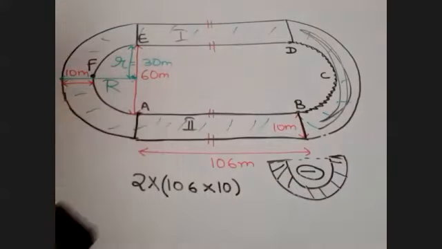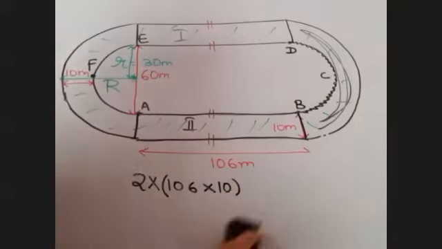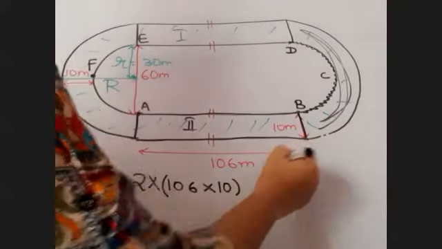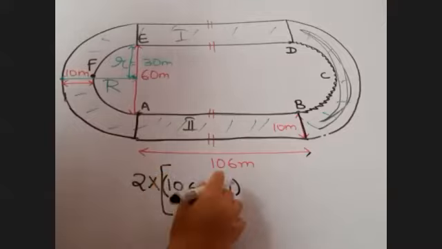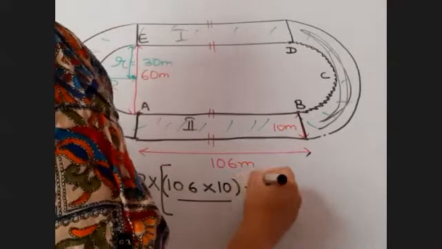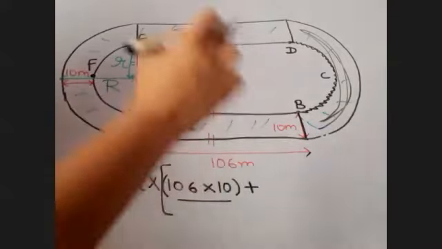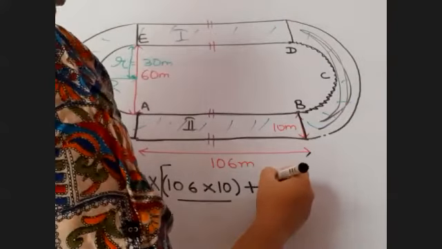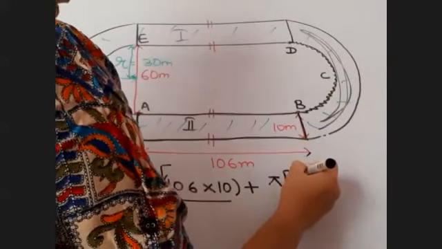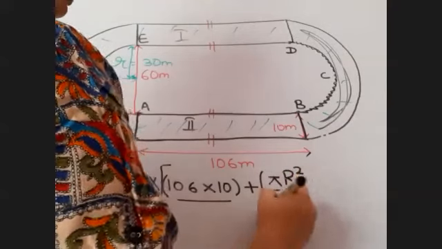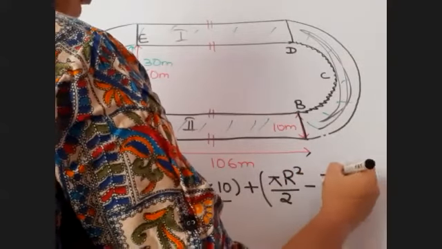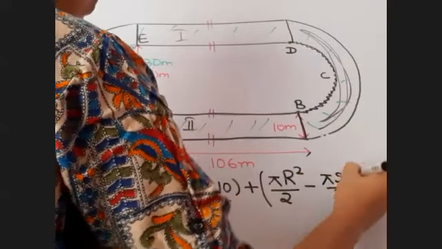So we can keep 2 common, and in the bracket, area of this rectangular portion plus area of this semicircular ring. Semicircular ring means pi capital R square upon 2 minus pi small r square by 2.